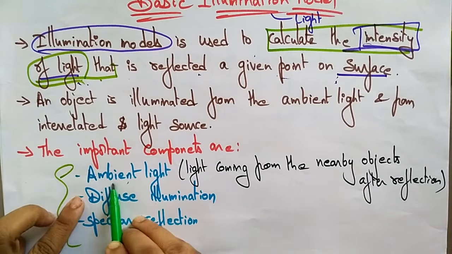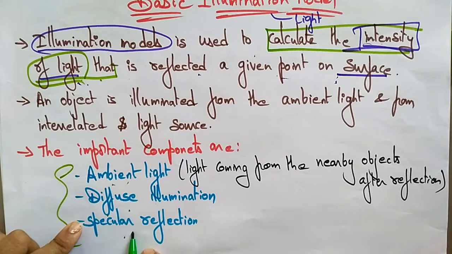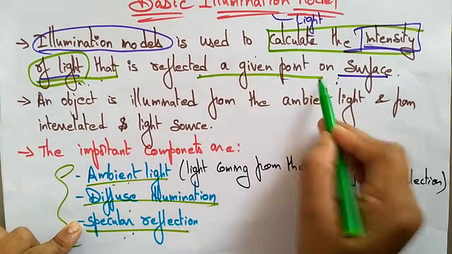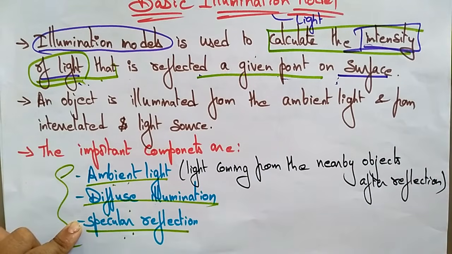I'll explain each and every component clearly in the coming videos. It is just a given point on the surface, not the complete surface. At one point on the surface, how much light it is absorbing and reflecting.